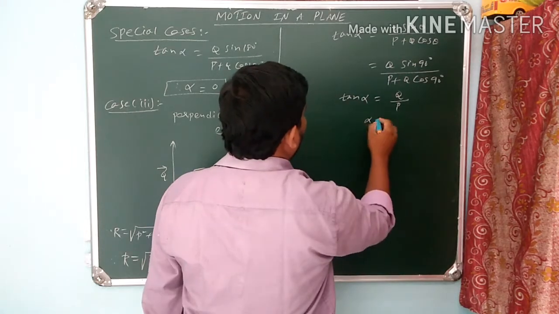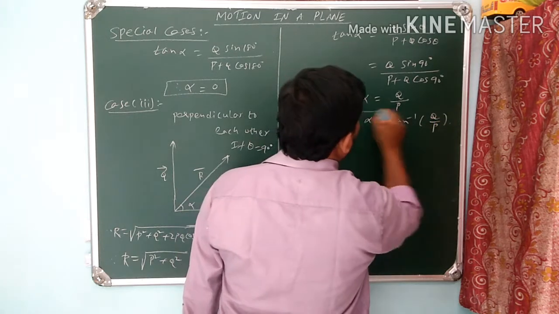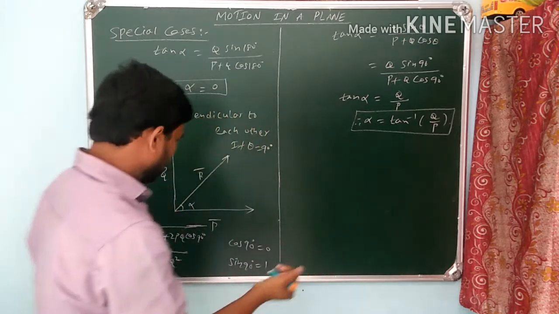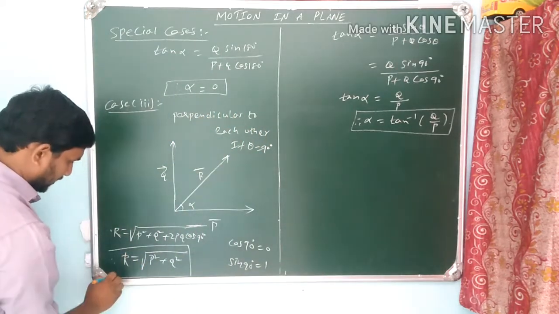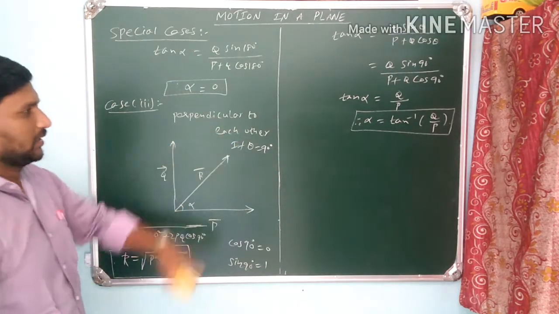That implies alpha is tan inverse of q by p, and r is root over p square plus q square, when the two vectors are perpendicular.